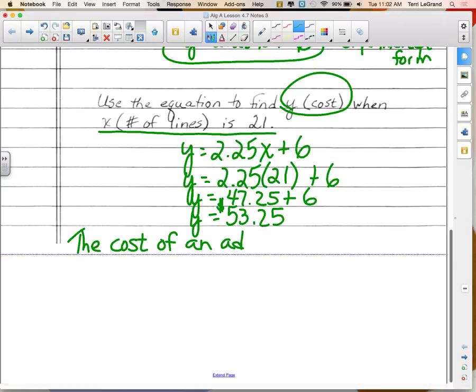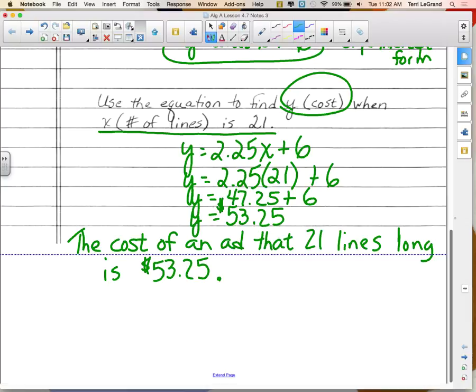The cost of an ad that is 21 lines long. Remember, 21 is the only thing we get to abbreviate. We get to use its numeral form rather than its word form. Is $53.25, punctuation. There's still people in here who don't know how to punctuate.